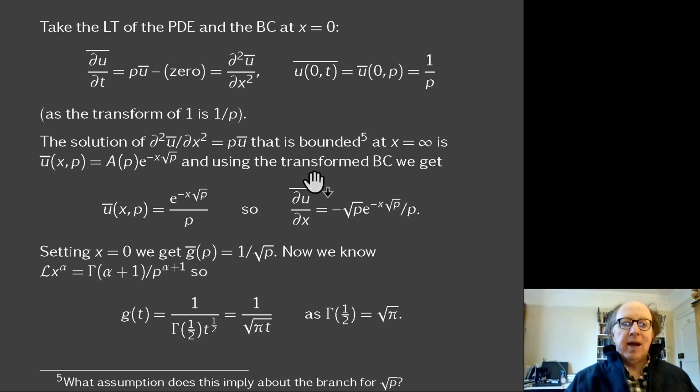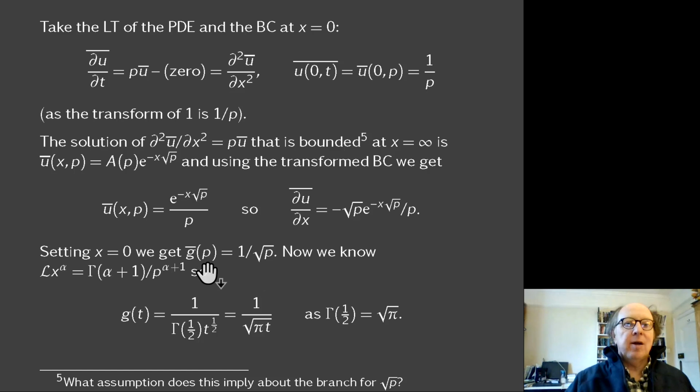And so du bar by dx is minus root p, that minus root p comes from the exponent here, e to the minus x root p divided by p. Now you put x equal to 0, and you find that g bar of p is 1 over root p.